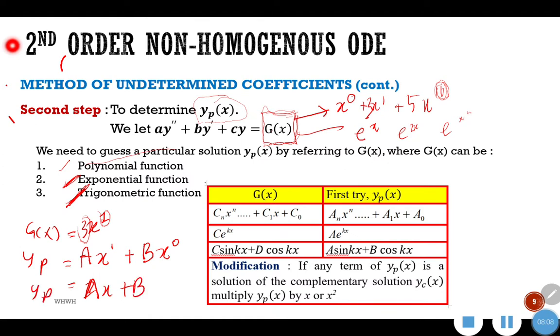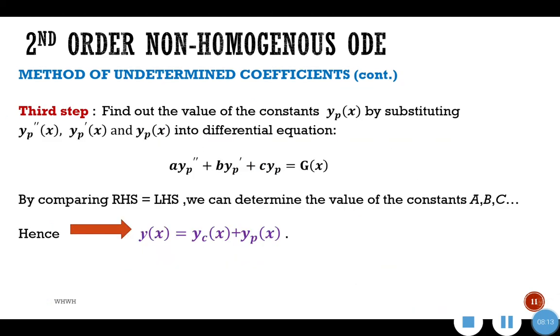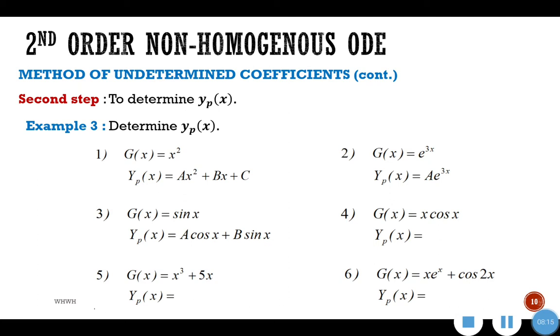Okay, so for example, mari kita tengok kat sini. Example yang ni, nampak? GX is X square. Now you all faham tak kenapa kita ada A X square plus BX plus C here? Because the highest power here is X power of 2 kat sini kan?